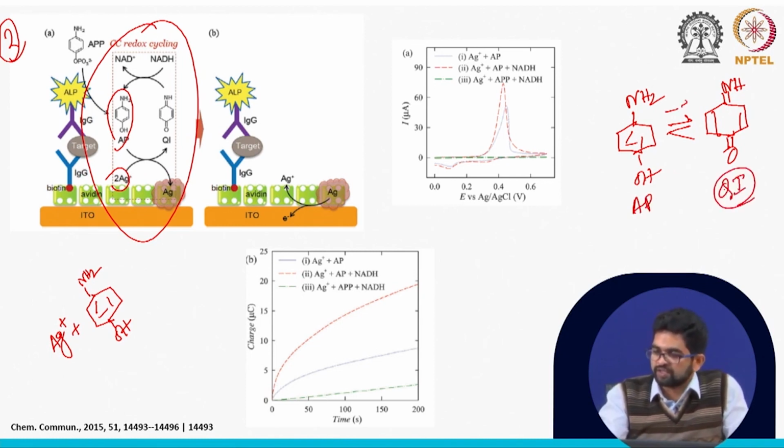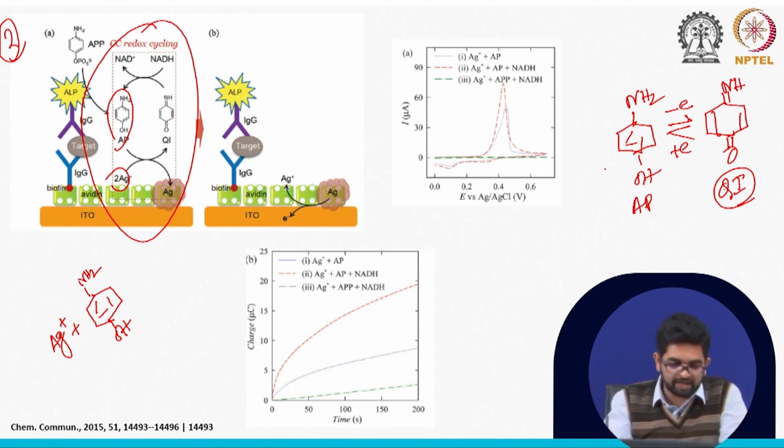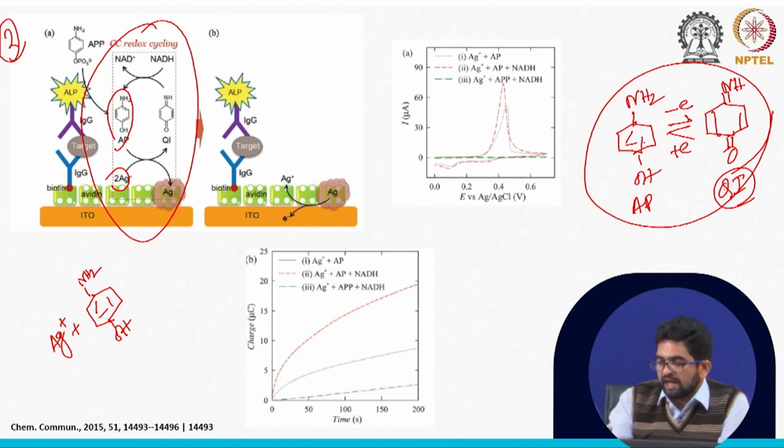If it releases one electron, then it will form the quinoneimine, and if it gets one electron, then it will form the aminophenol. This is the cyclic reaction I already taught you many times. So these reactions we can use for biosensor development. See, the aminophenol can release one electron.